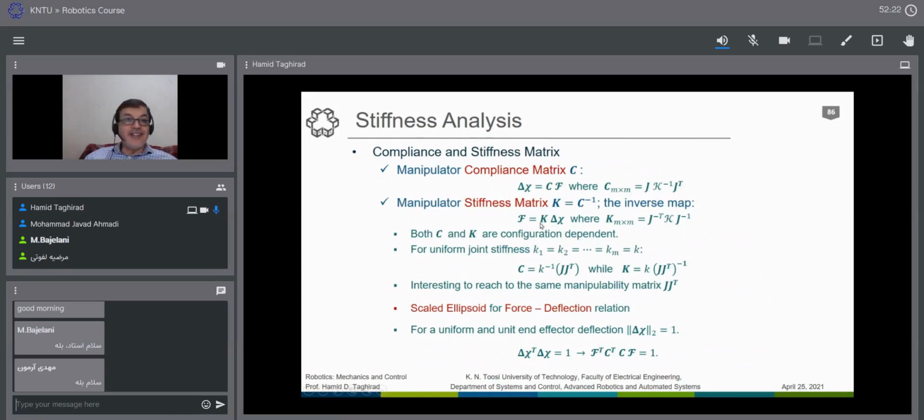And this is a matrix with some inherent problem. It doesn't matter in which frame we are representing that. This matrix has a value. For example, the norm of K will give us how stiff the system is.